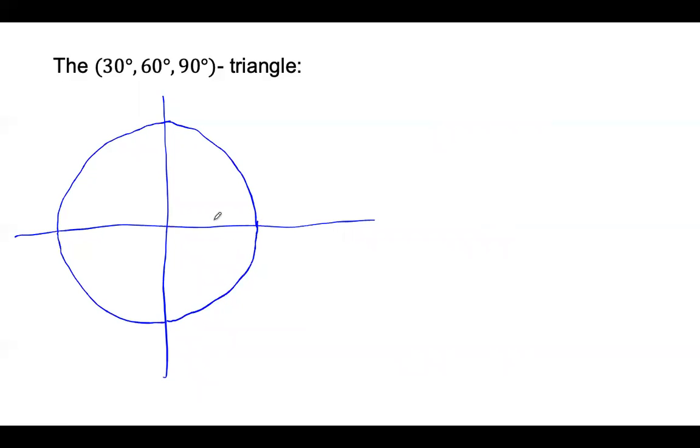Okay. So we can draw 30 degrees. This is, let's say, our 30 degrees. And project this value down with a straight line. So this becomes 90. So if this is 30 and this is 90, what angle is this?